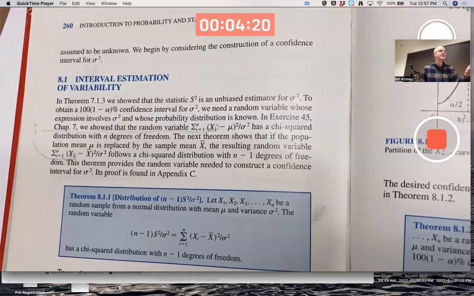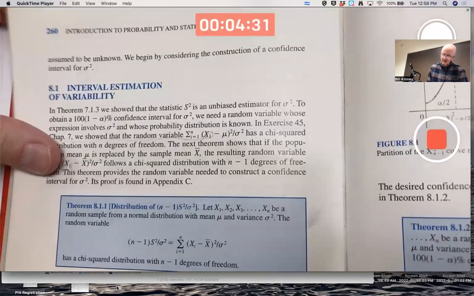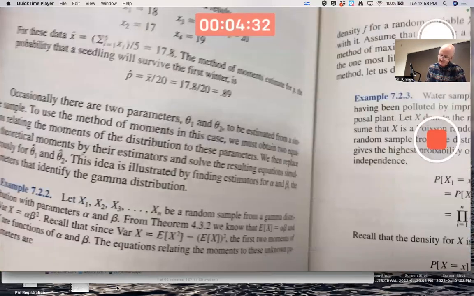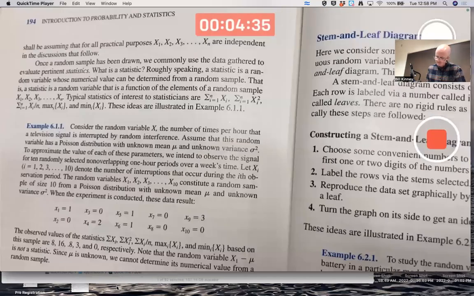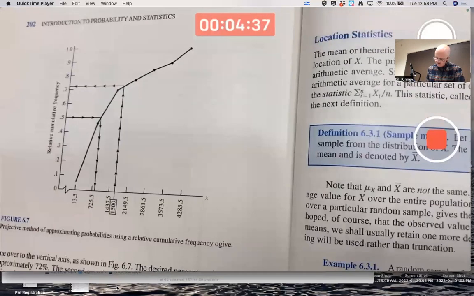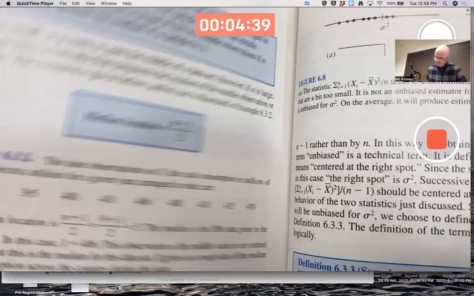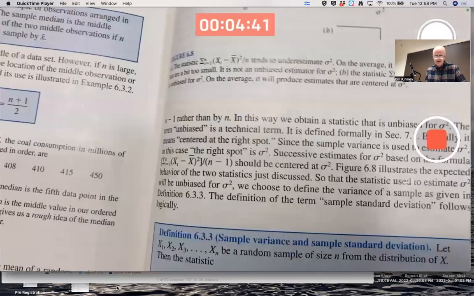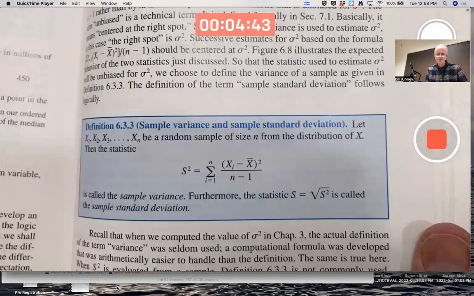To get the unbiased estimator, s squared, n minus 1 could be called the degrees of freedom in that case as well. And we lost one. In the formula for s squared, back in chapter 6, they don't call it degrees of freedom there.